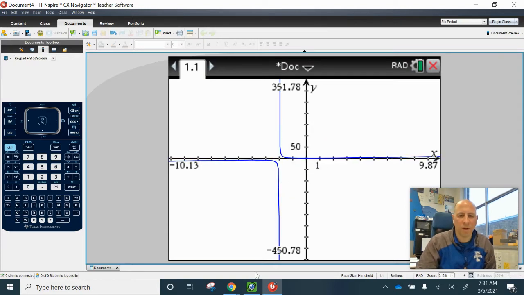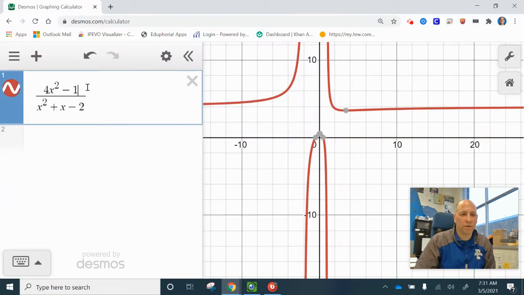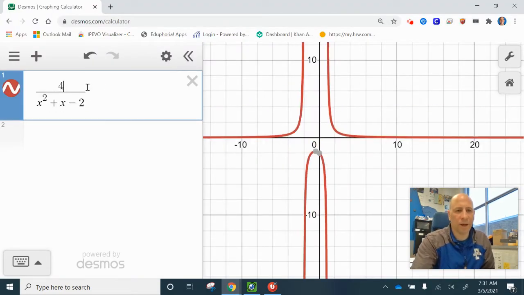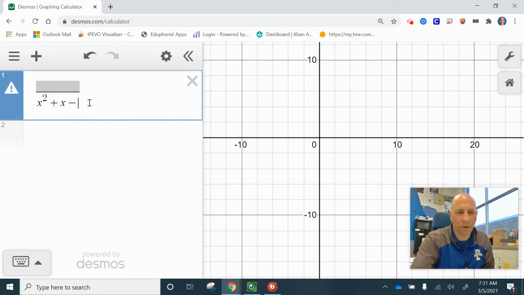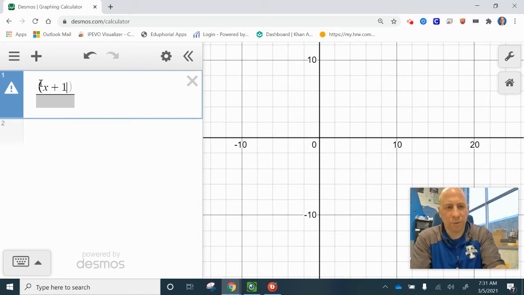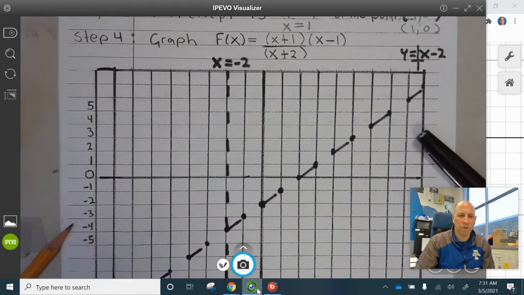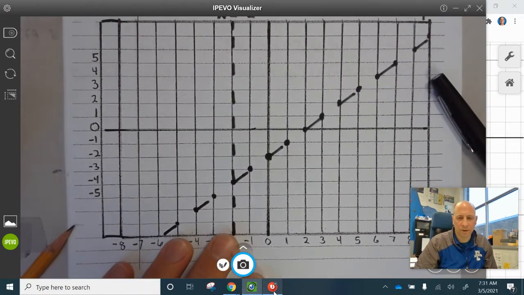I mean, it shows you, but what I would probably do is go to Desmos and graph it. So sometimes Desmos is going to be a better choice for graphing, so let's try that. Okay, so we have parentheses x plus 1, parentheses x minus 1, divided by x plus 2. And you can see here that this kind of helps us get the curve a little better. So we see that curve is here and here. So we know that, and let me go back.